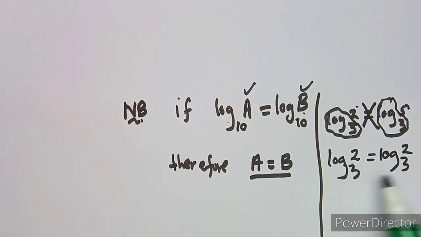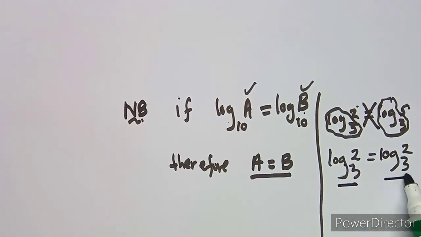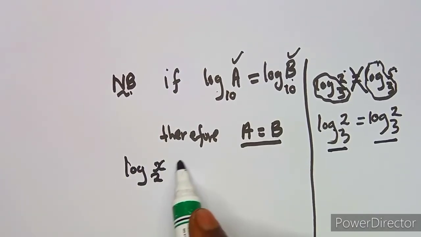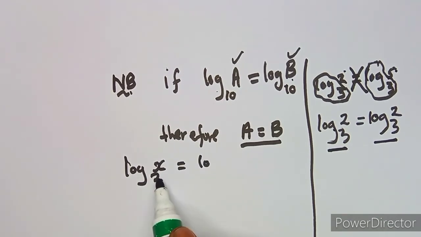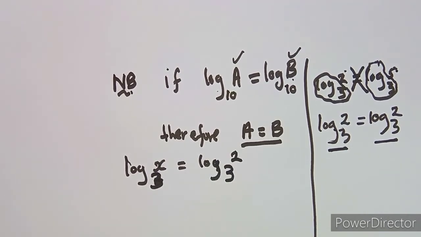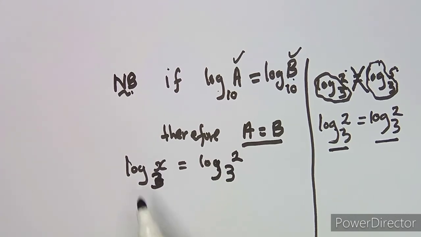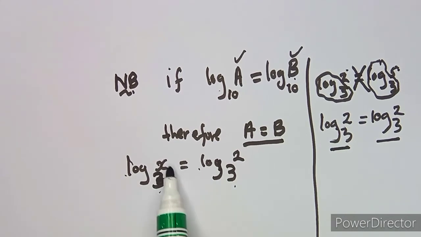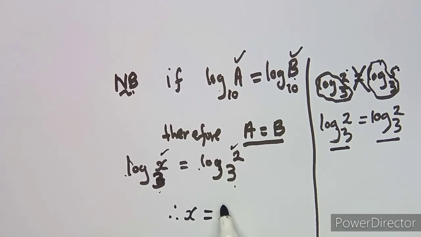So this can be taken as an advantage. When two logarithms are equal and I am given something like this, log x base 3 is equal to log 2 base 3. Since these are the same, log base 3 and log base 3, it means x is equal to 2.